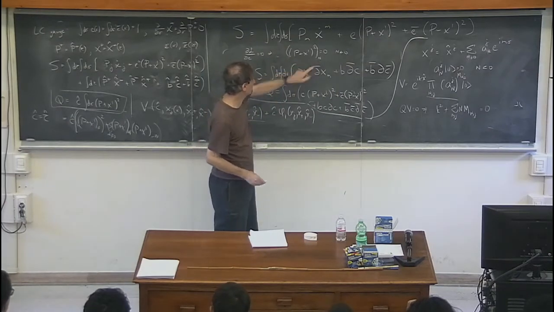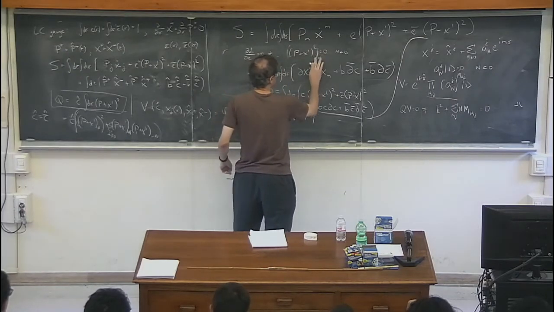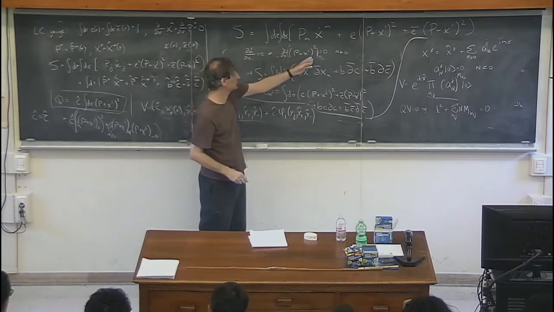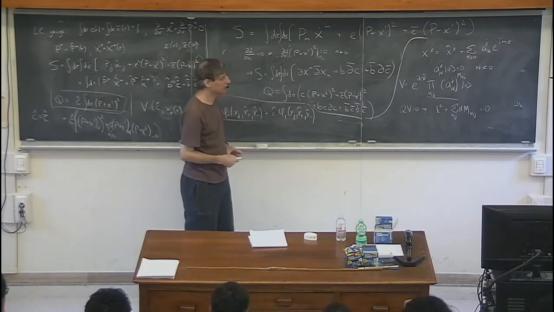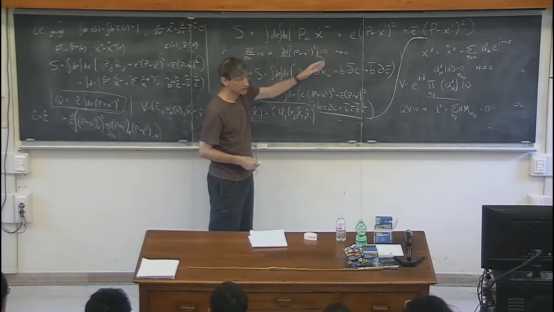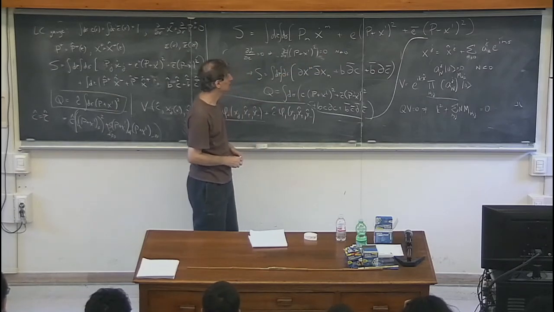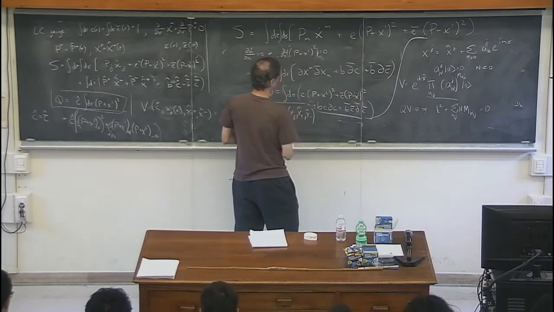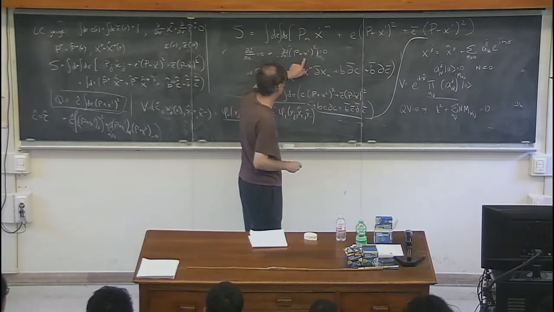That's the same thing as saying that d sigma of this is 0. Okay? Because d sigma, of course, just kills the zero mode. So anything which is not the zero mode has to vanish. Okay? So this is an equation of motion. And this is going to fix for me x minus and also p minus.